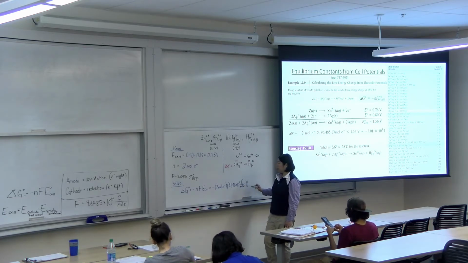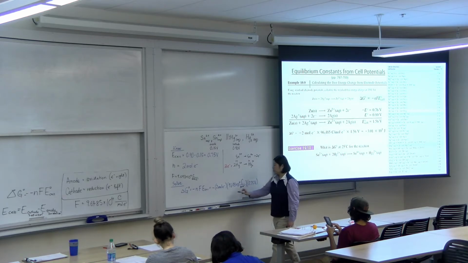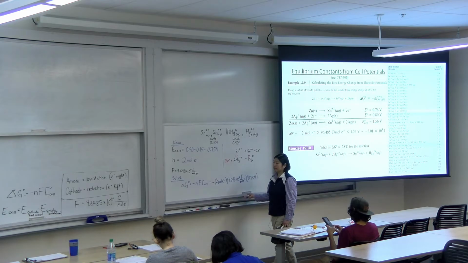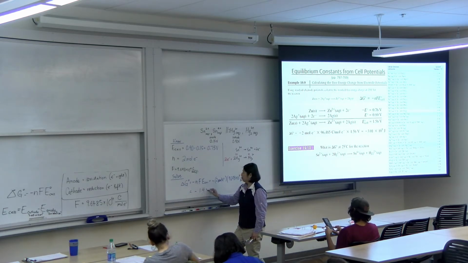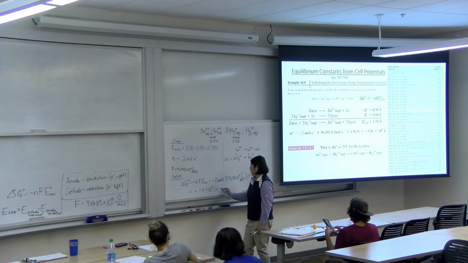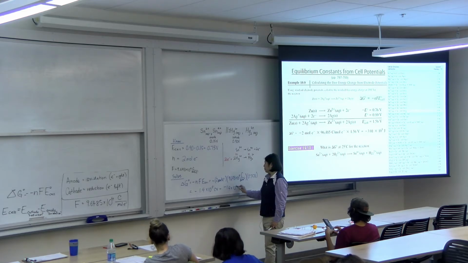And we're multiplying by E cell, which in this case is 0.75 volts. The moles of electron do cancel out, and I end up with negative 1.4 times 10 to the 5th coulomb volts. Or we can write negative 1.4 times 10 to the 5th joules.